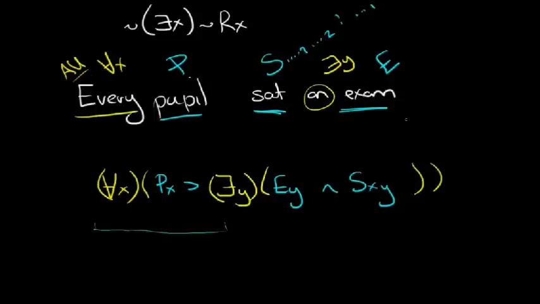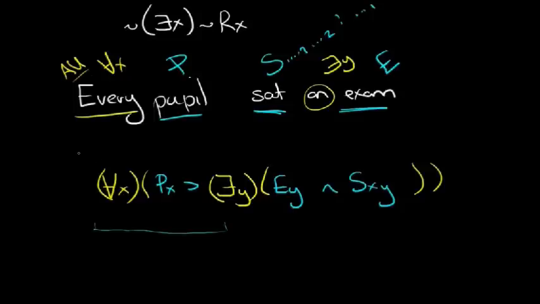Every pupil sat an exam is actually ambiguous. It involves a scope ambiguity, and we can use QL to show that scope ambiguity. So this sentence isn't ambiguous. We've removed all the ambiguity by putting it into quantifier logic. The ambiguity arises in the order in which the quantifiers appear, so which quantifier takes wider scope.